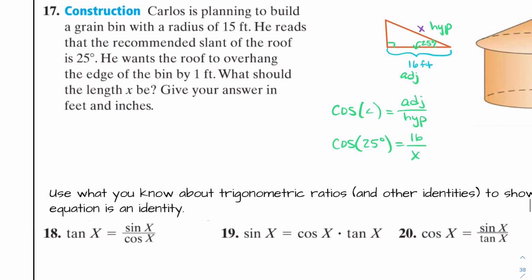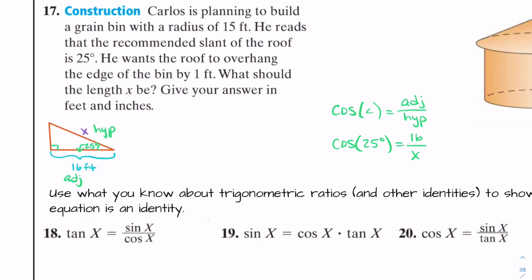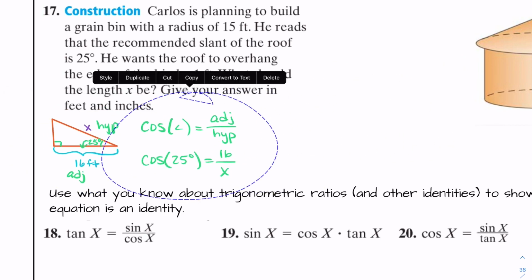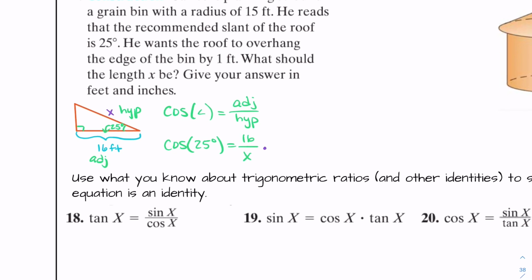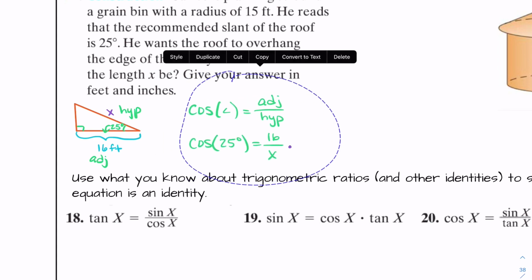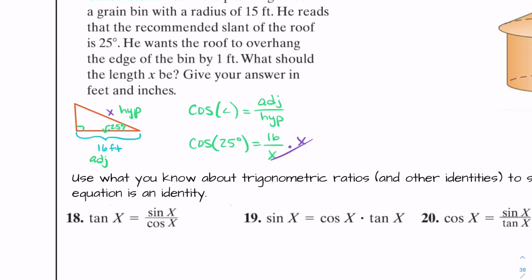So let me move this work over here. What I need to do is multiply both sides by x. So I have x times cosine of 25. Remember in the last lesson I told you, you'll get pretty good at this. If you want to just flip them, you can. You have x in the numerator and cosine of 25 in the denominator, so your answer is x equals 16 over cosine of 25.